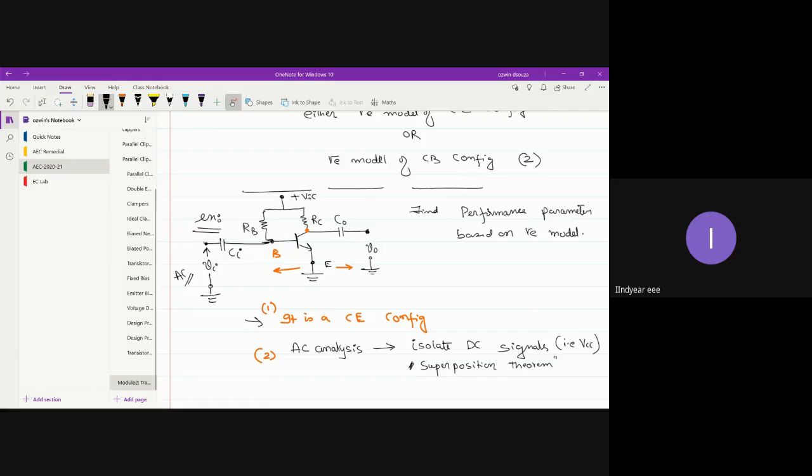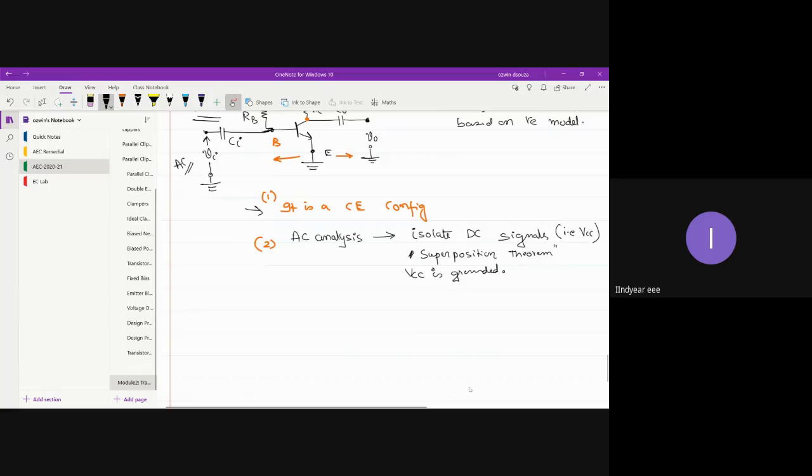The effect of VCC comes into the picture when you look at the biasing behavior. When you deal with the amplifier behavior, we will not be worrying about the biasing behavior, so we just remove it. That can be done by grounding VCC. So VCC is grounded.